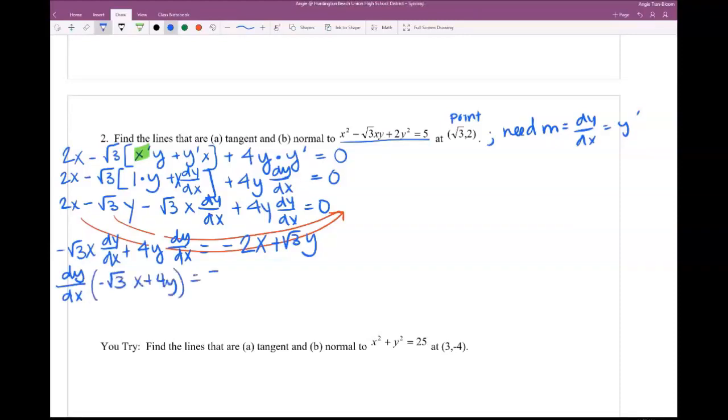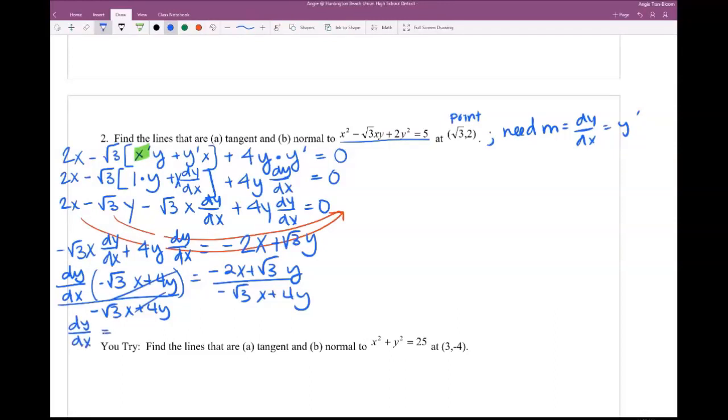Over here I have negative 2x plus radical 3y. Then I will now divide both sides by negative radical 3x plus 4y. So dy over dx equals, I don't like to have a negative in the front, so I'm going to change the sign of all of this.